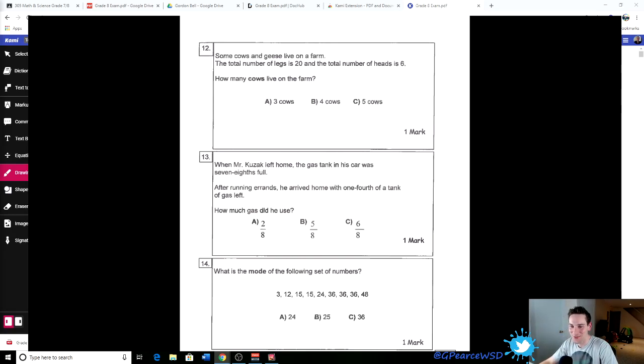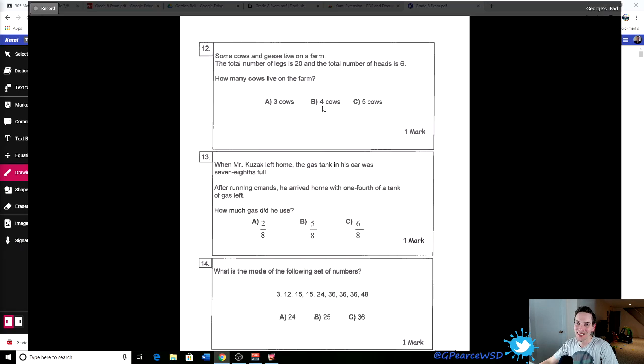Are you answering number 12? Is that what you're doing? You're answering the question? 7? There's not a 7 answer. Okay, so some cows and geese live on a farm. The total number of legs is 20. The total number of heads is 6. How many cows live on the farm? I don't think the answer is 7.